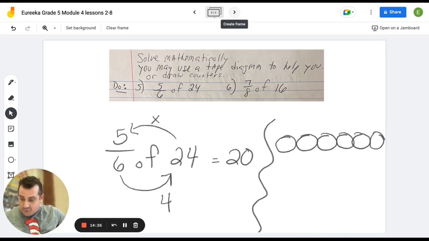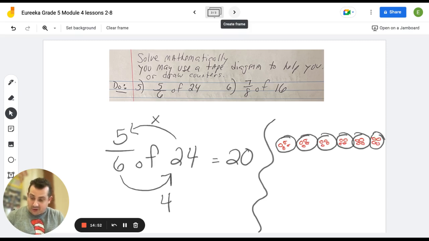And in each group, now I'm going to give out all 24, but I'm sharing equally here because it's 5/6 of the 24. So it's 1, 2, 3, 4, 5, 6, 7, 8, 9, 10, 11, 12, 13, 14, 15, 16, 17, 18, 19, 20, 21, 22, 23, 24. I gave out all 24.